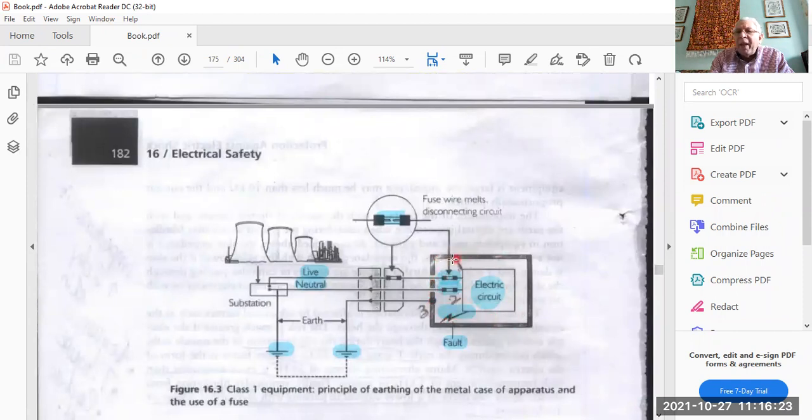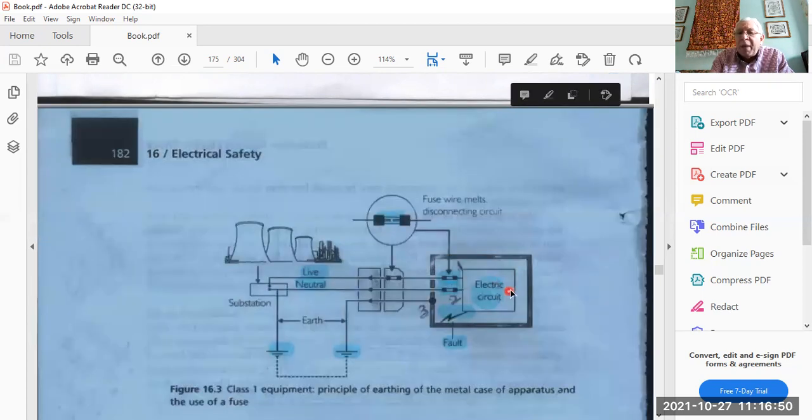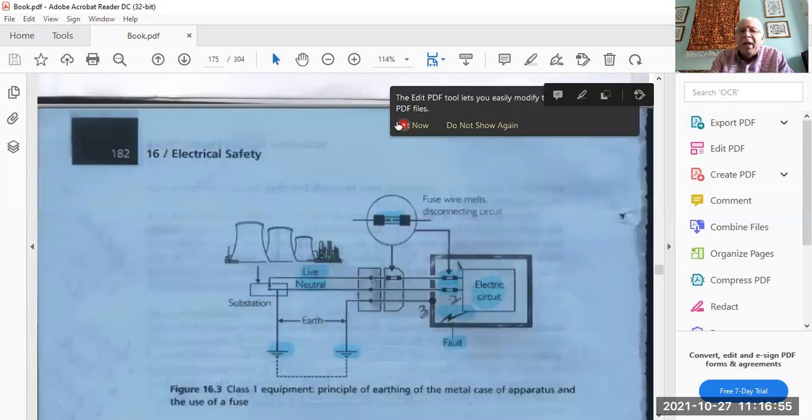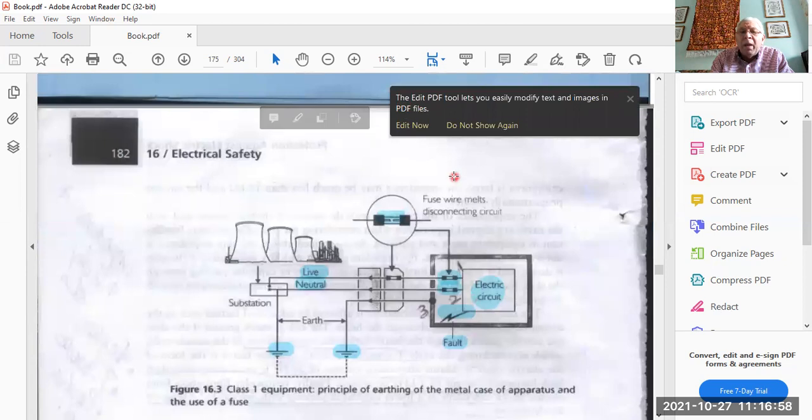an apparatus connected to the earth. This apparatus has only one layer of insulator, and the electrical circuit within this box. In case we have what we call a short circuit, meaning that something happened inside, and this electrical equipment touched the outer case where I can touch. So what happens to guard against such electric shock?